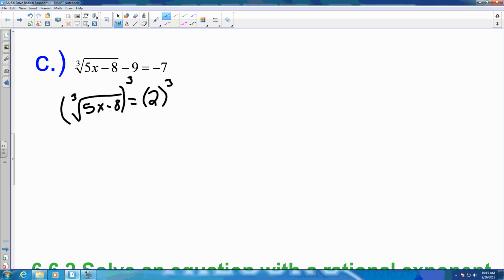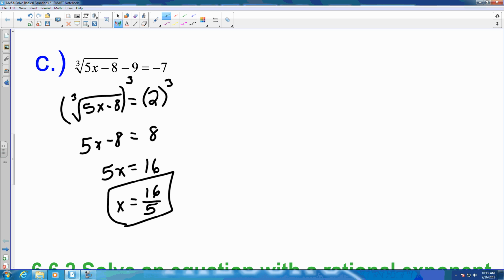So my left-hand side was just left with 5x minus 8, and 2 cubed will give me 8. Now I can solve for x by adding 8 to both sides. So I'm going to go 5x equaling 16, dividing both sides by 5, gives me x equals 16 over 5. Okay.